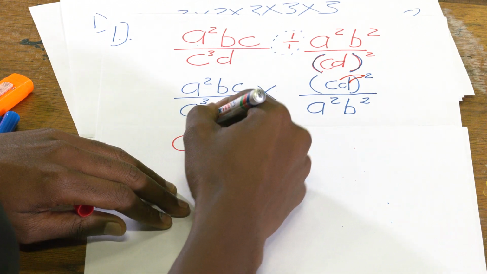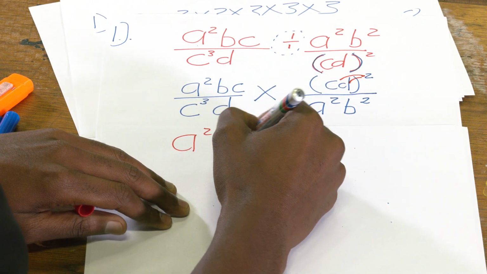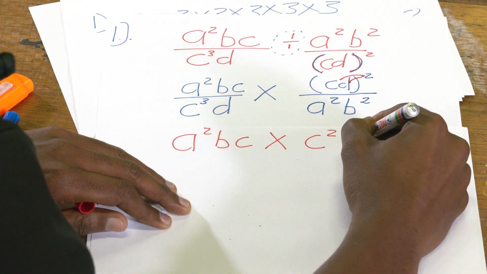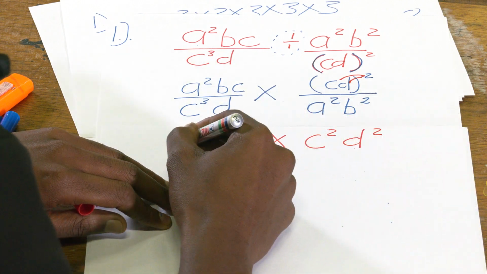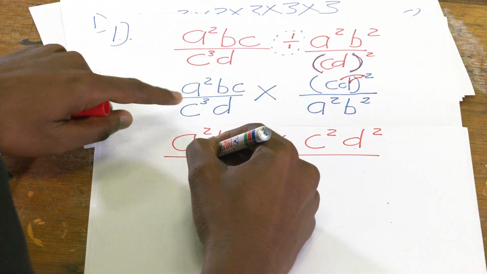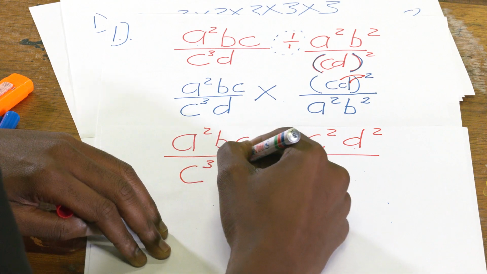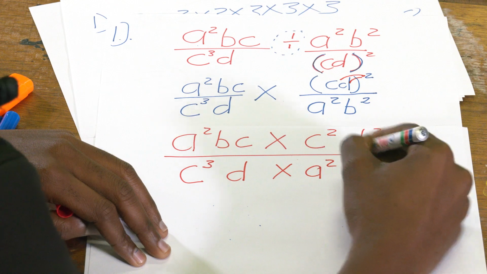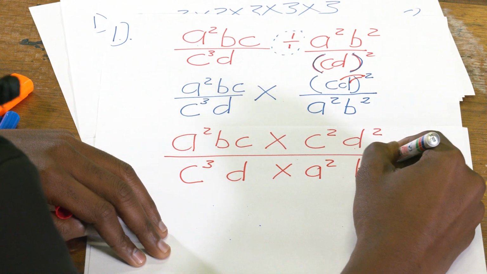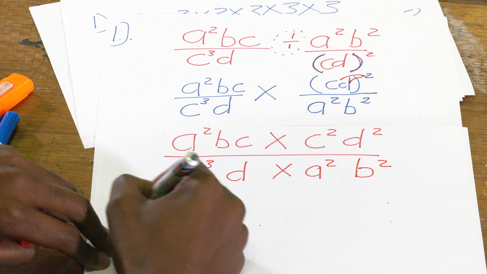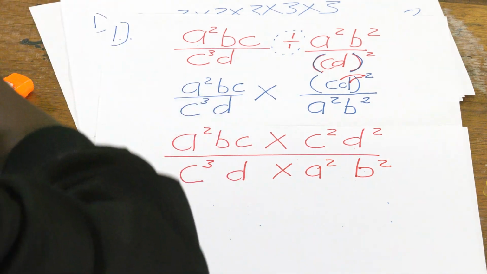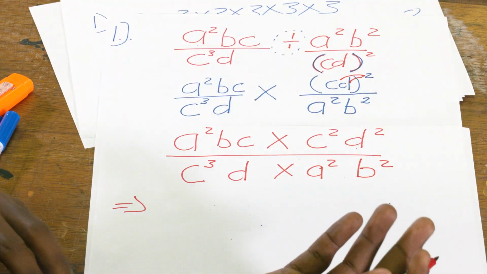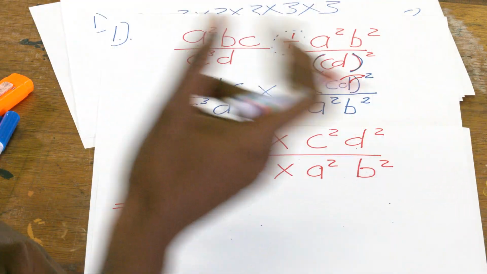So it would be a squared b c multiplied by c squared d squared over c to the 3 d multiplied by a squared b squared. So we have to first sort out the top line. So in the top line, we look for things that look the same. So variables that look the same.